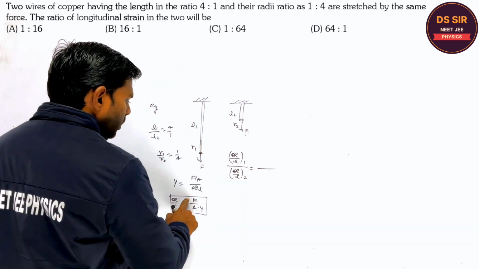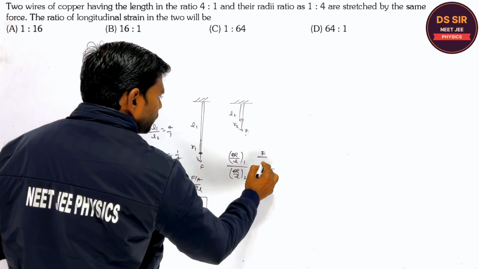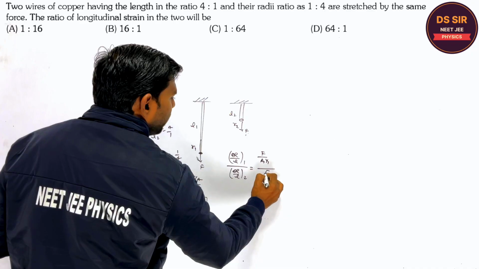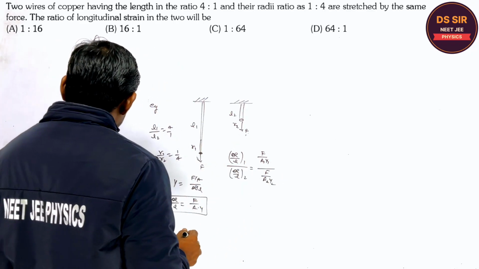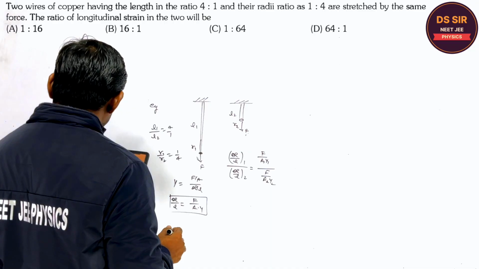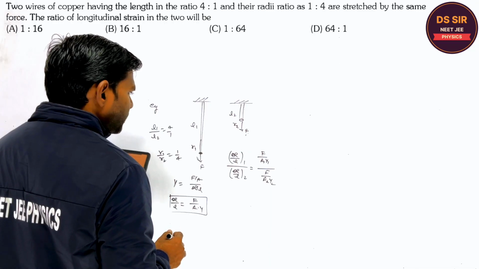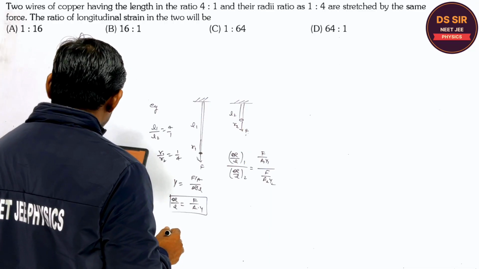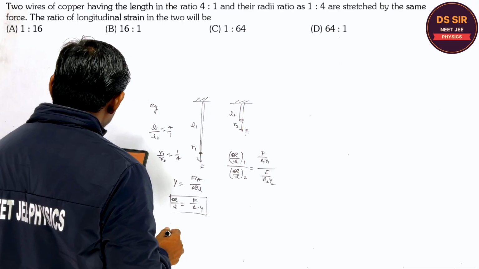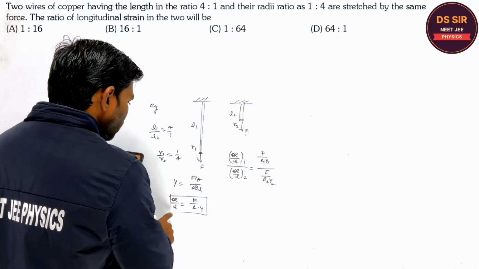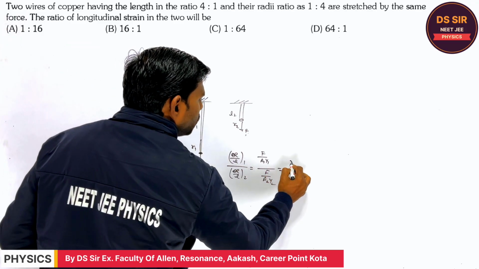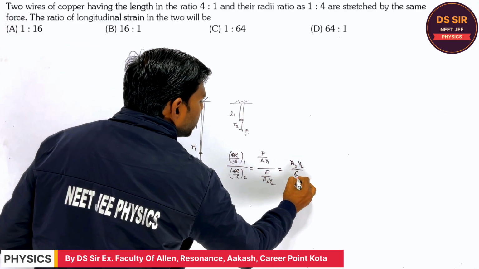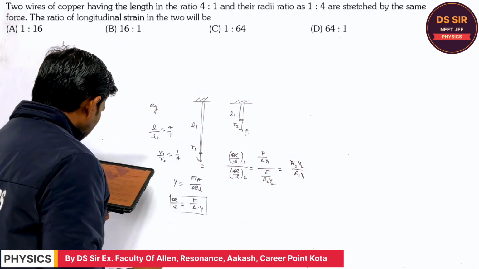Divide, it is equal to F upon A1 into Y1, F upon A2 into Y2. Right. And the copper wire and the length, the ratio of longitudinal strain is this. So it is equal to A2 Y2 upon A1 Y1, right?